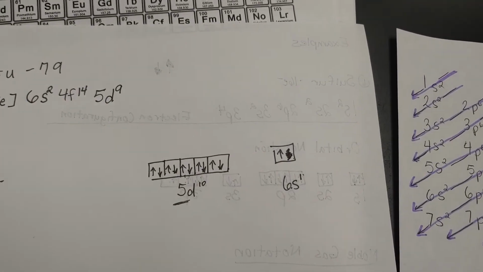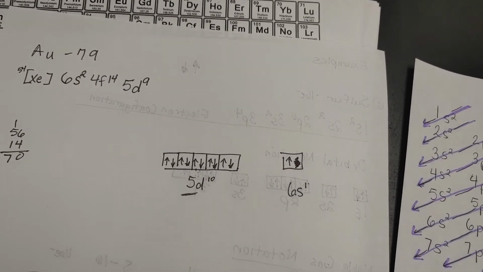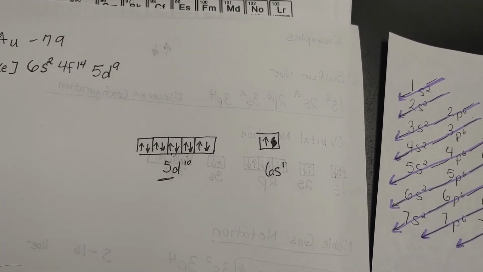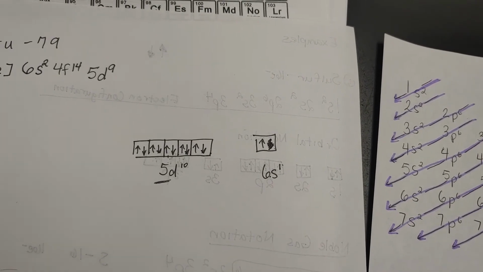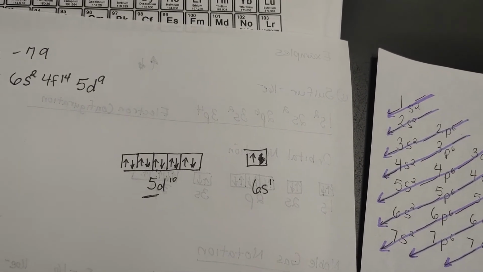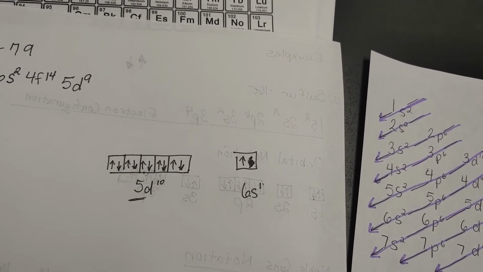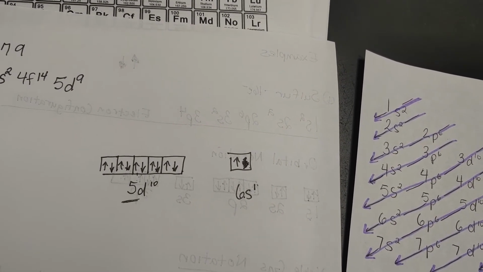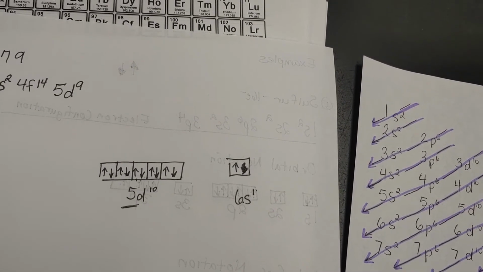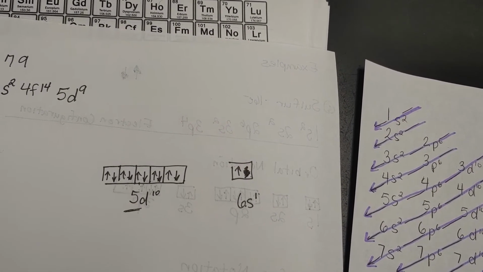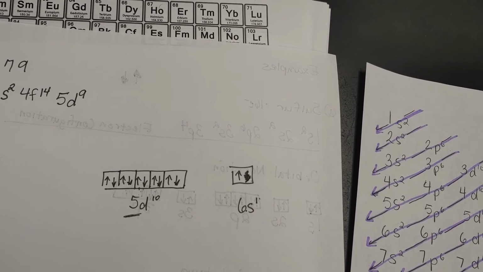So you're probably asking yourself, okay, why is that so confusing? When do you do this? You only do it whenever you're 1 away from being full in the previous energy level, or you're 1 away from being half full. So either your D sublevel is at a 4 or at a 9.